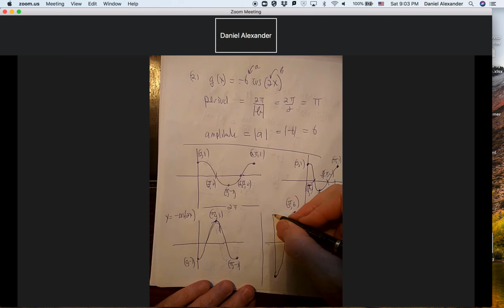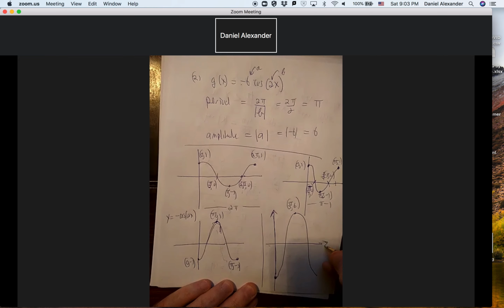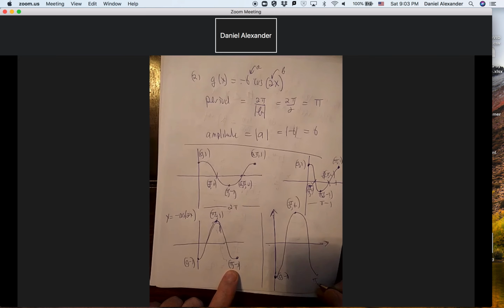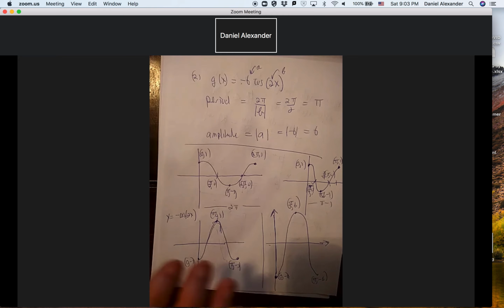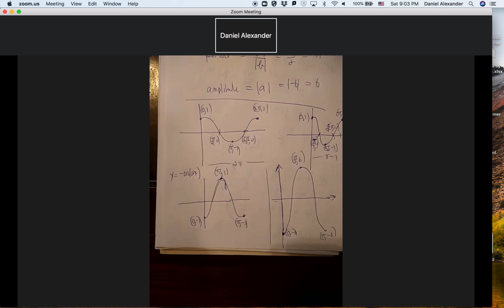This point down here, this is supposed to be the x-axis. And the y-axis, this point here was 0, minus 1. It's going to be 0, minus 6. This point was pi, minus 1. It's going to be pi, minus 6. Sorry, that's kind of in the shadows. I'll try to avoid that. Here, let me move it up just a little bit so you can see it better. Okay, so that's what the graph looks like.